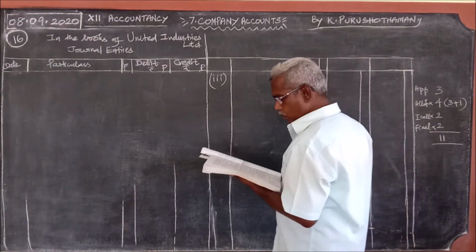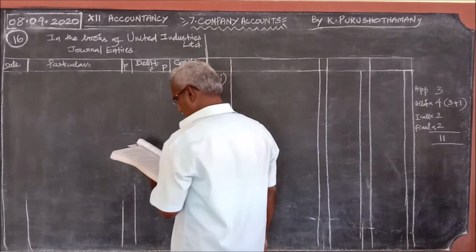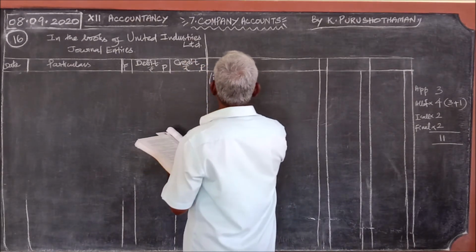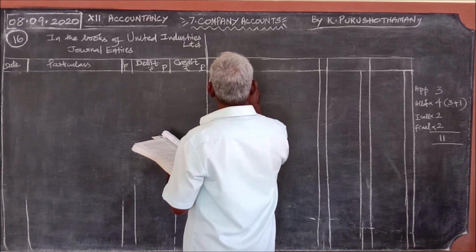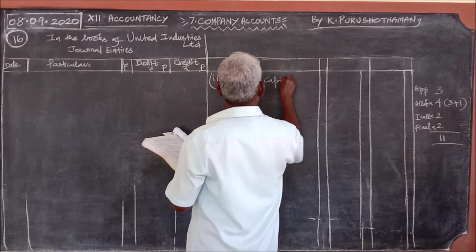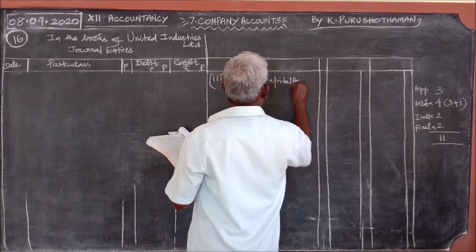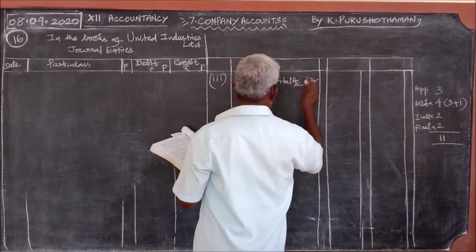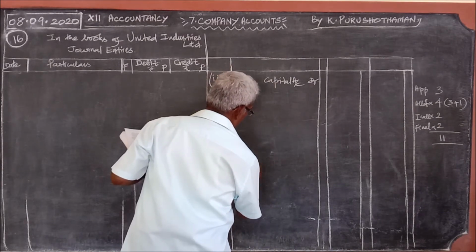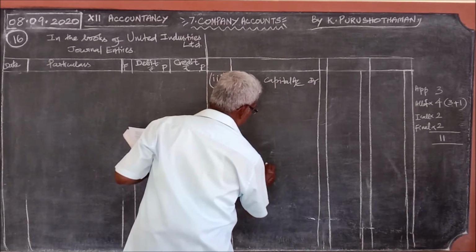In the third case, what happens? Here also it is forfeited. So for forfeiture, what should be the journal entry? Share capital account debit to forfeited share account.